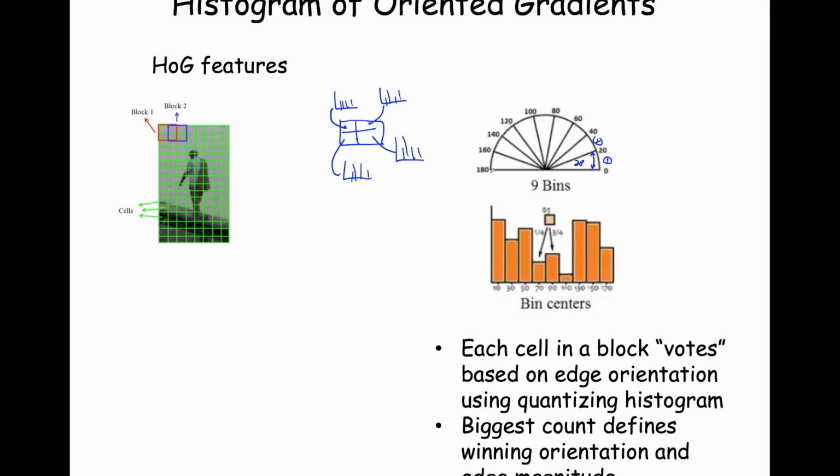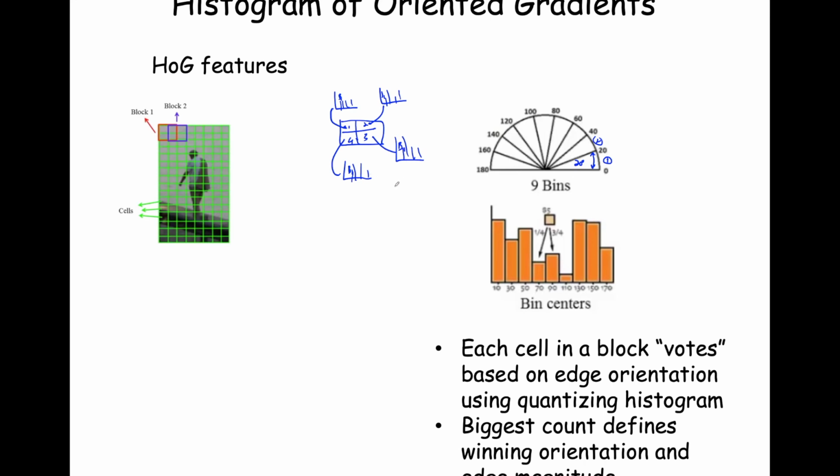And so now what happens is that for each of the bins, the first bin through the 9th bin, for each one of these histograms, they're going to do a vote. And whichever bin is the greatest, so here's bin 1, bin 1, bin 1, and bin 1, whichever bin for the first cell, the second cell, the third cell, or the fourth cell has the largest bin count, that's going to be the winner of the vote.